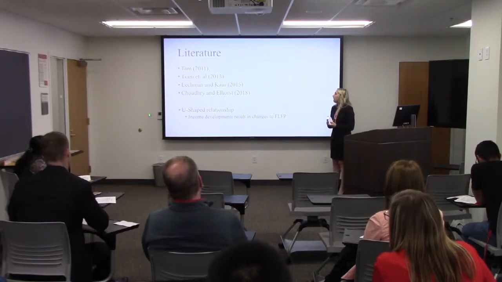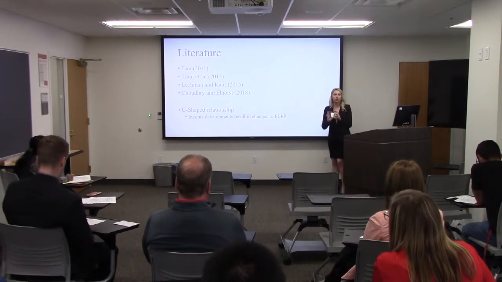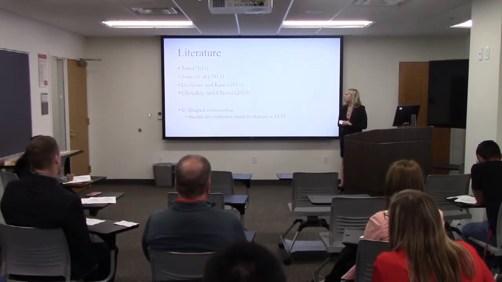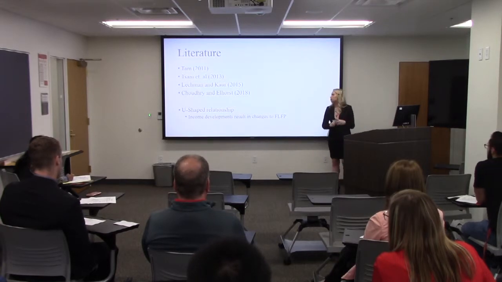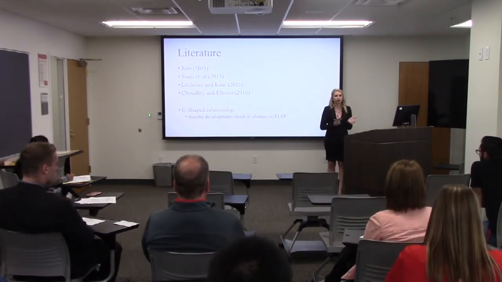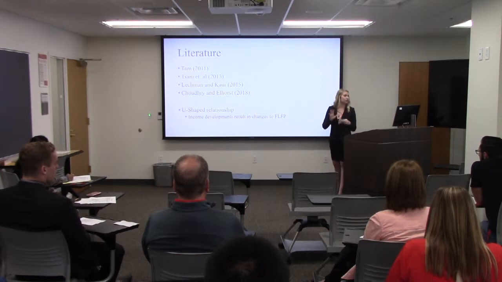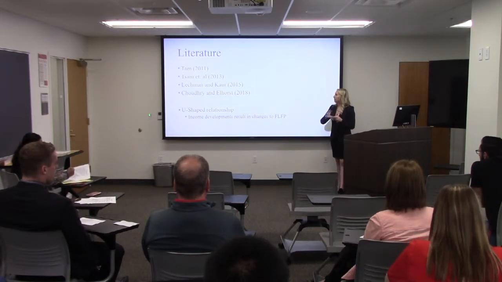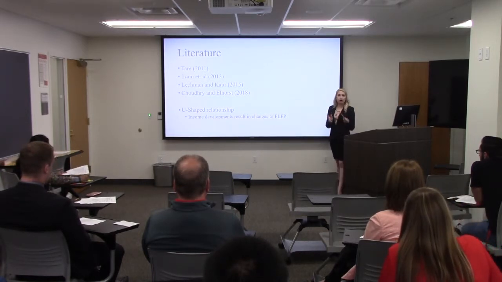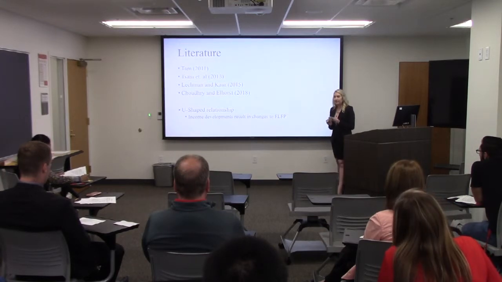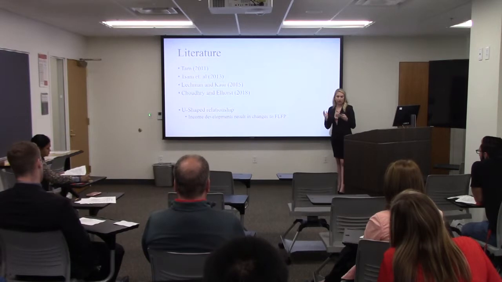So some literature. Across the board, all of the literature that I read hypothesized and showed this U-shaped relationship between income level and female labor force participation. I'll explain more about that in a minute, but the TAM paper looked at 130 countries from 1950 to 1980, and they used a panel data analysis, which is what I did.